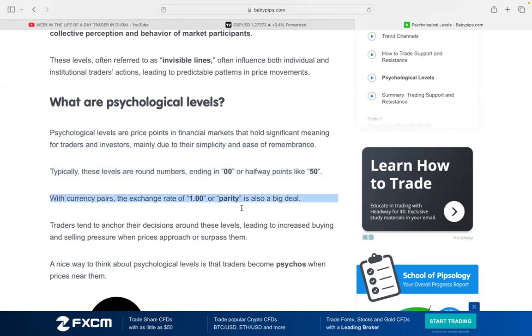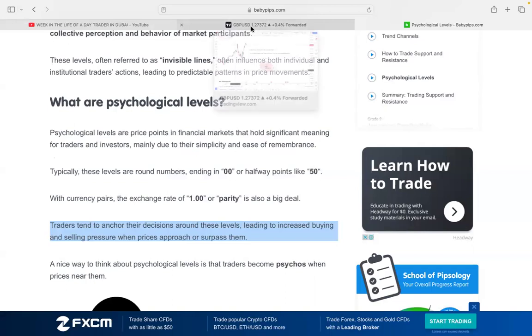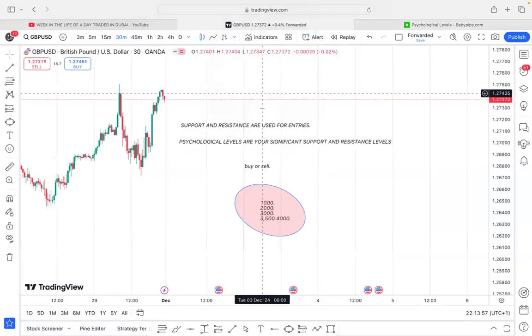With currency pairs, the exchange rate of 1.0, or parity, is also a big deal. Traders tend to anchor their decisions around these levels, leading to increased buying and selling pressure when they approach or surpass them. So now let me explain that in plain English to you.